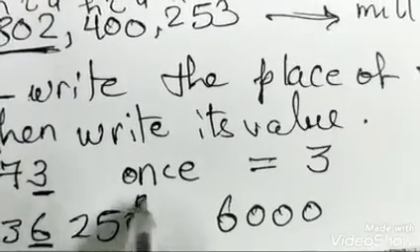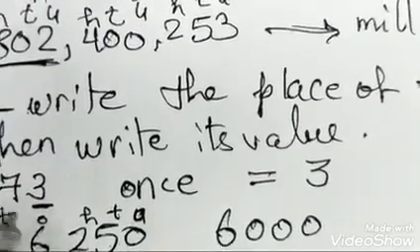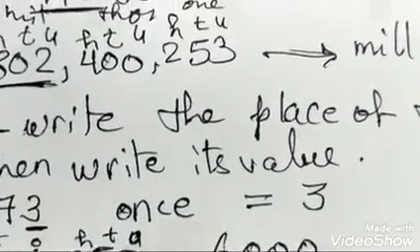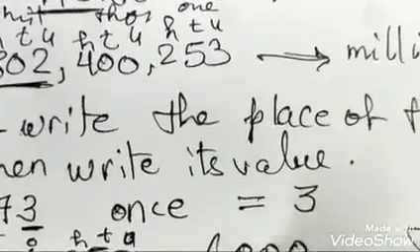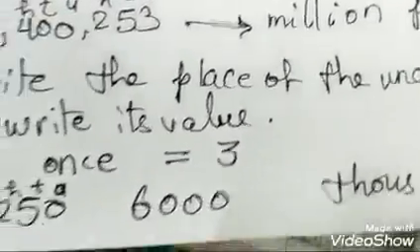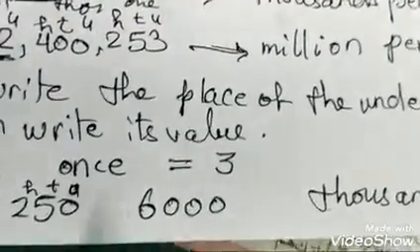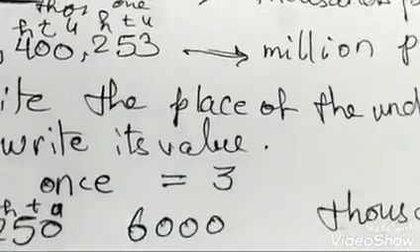This is ones, tens, hundreds, and this is the thousands. The place is only thousands. Okay, so the place value is thousands, and the value is 6,000.